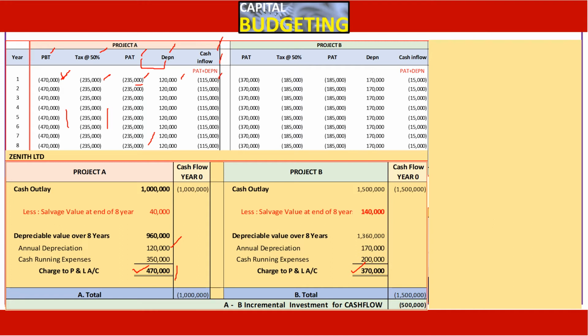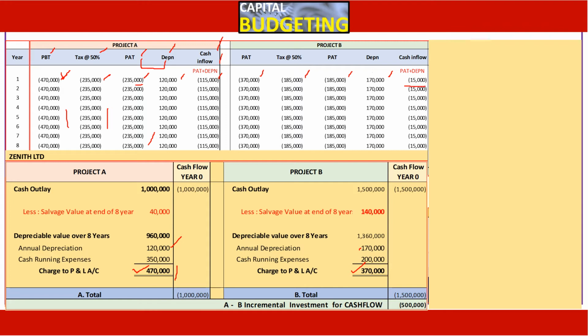Coming to project B, our expenses is 3,70,000, 50% tax. PAT is minus 1,85,000. Once again, same logic. Add back depreciation of 1,70,000 and you have got cash flow of minus 15,000. 185 plus depreciation 170 is minus 15.